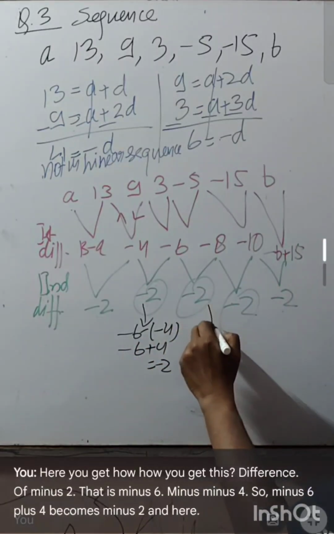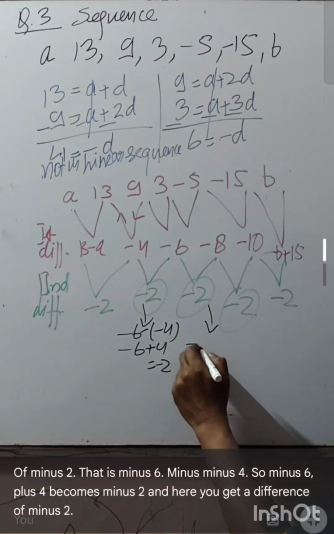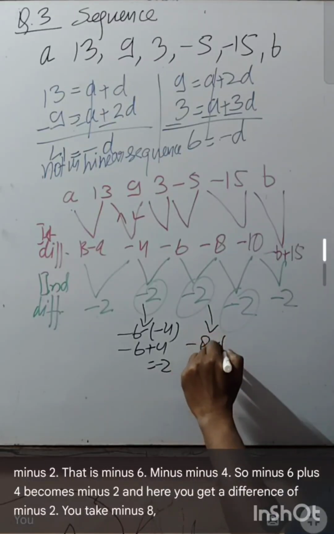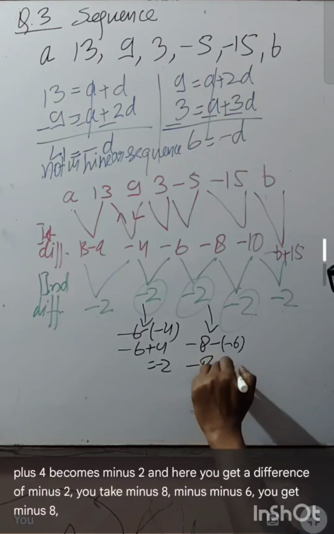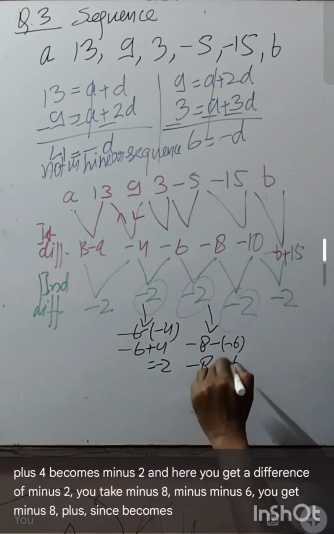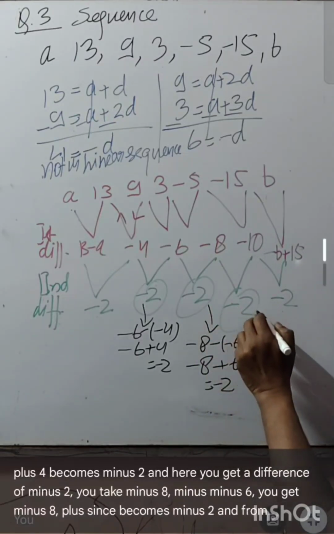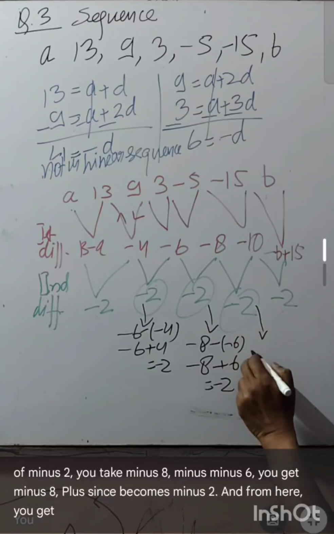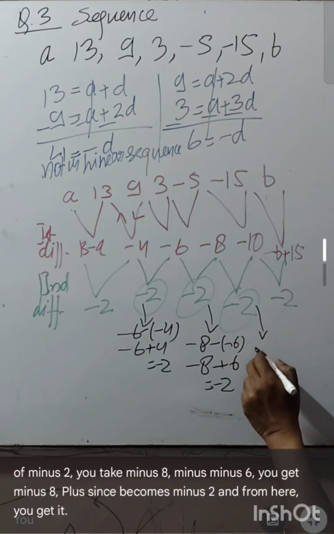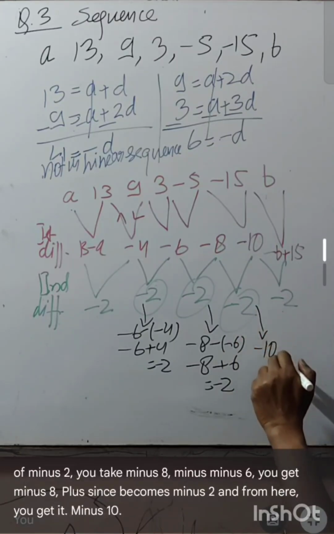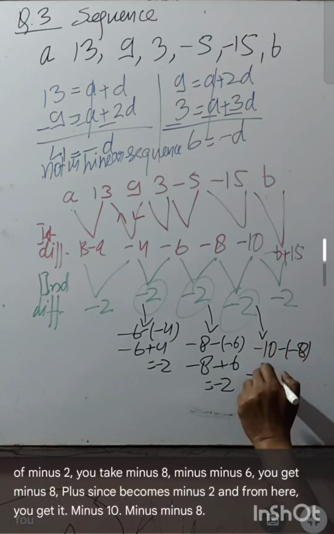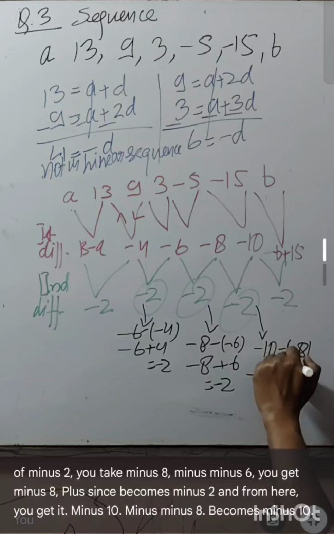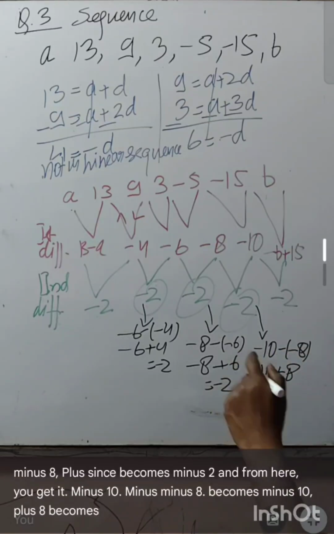And here you take -8 minus -6, you get -8 plus 6 becomes -2. And from here, -10 minus -8 becomes -10 plus 8 becomes -2.